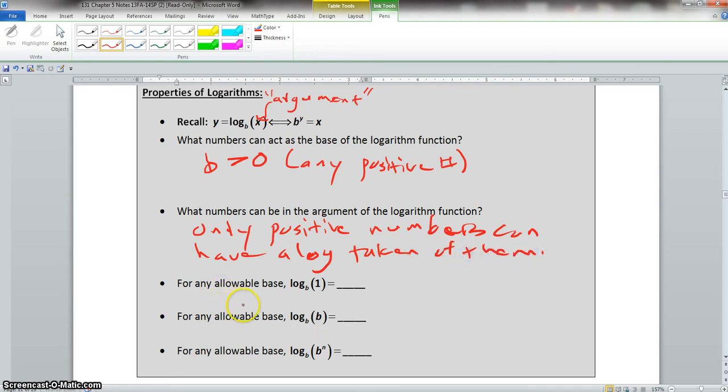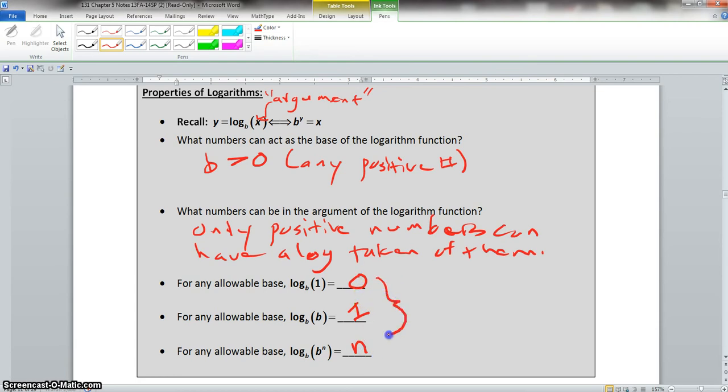It says for any allowable base, log base b of 1 is equal to 0. Again, for any allowable base, log base b of b is 1. And for any other allowable base, log base b of b to the n is n.